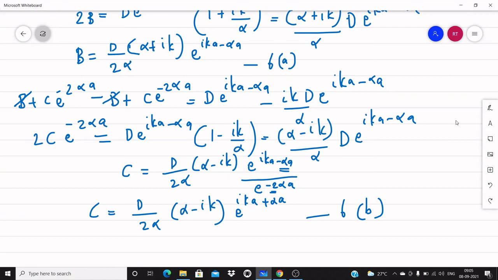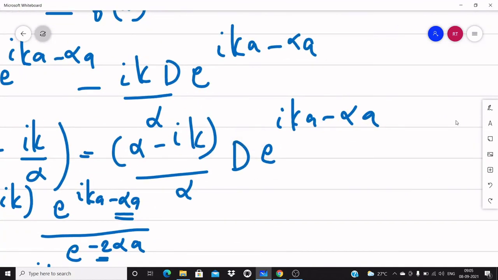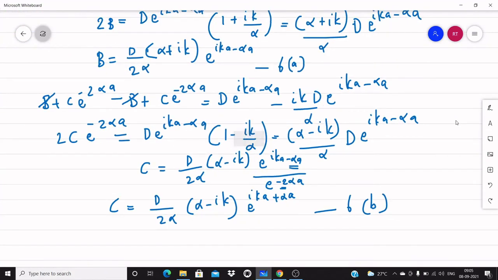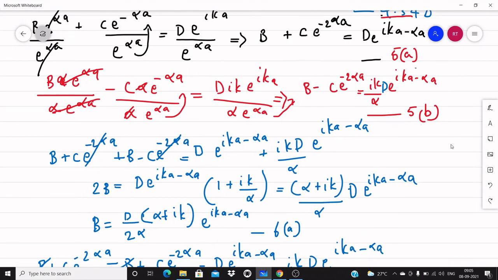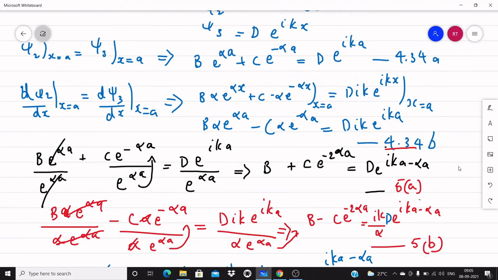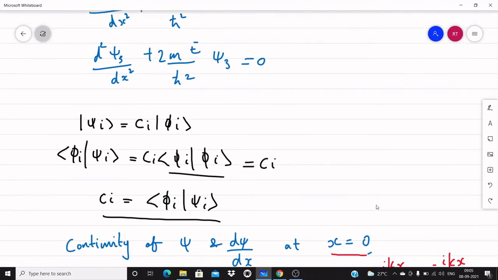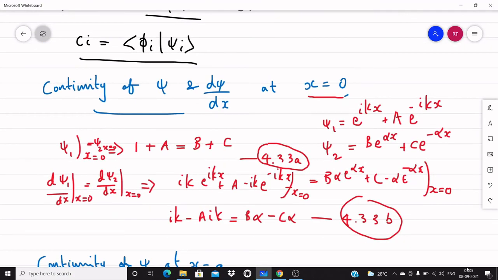I'll just rewrite those equations. These are the equations: 1 plus a is equal to b plus c, and ik minus a ik is equal to b alpha minus c alpha.